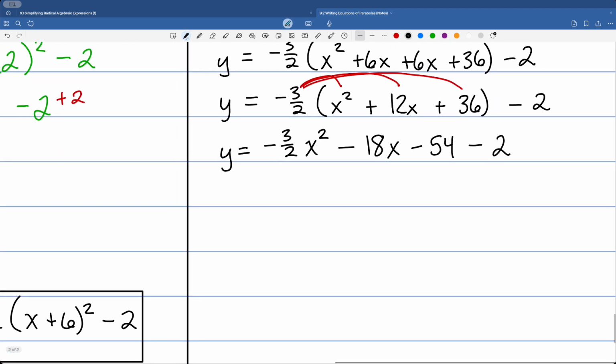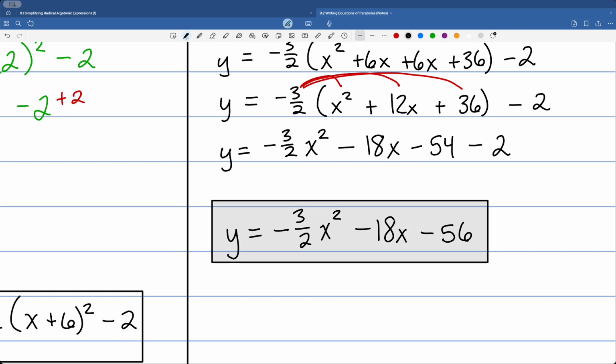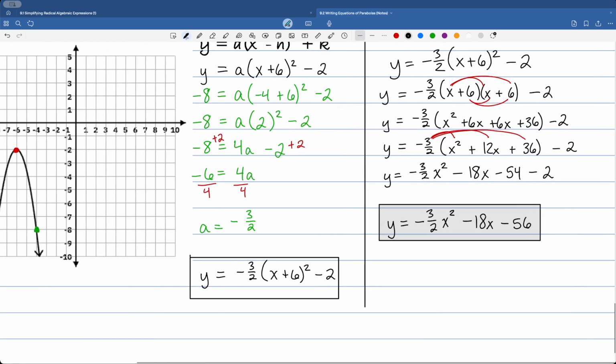And then last we have y equals negative 3 halves x squared minus 18x minus 56. There you have it.